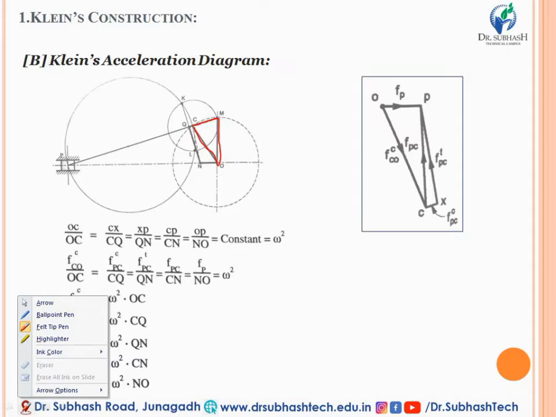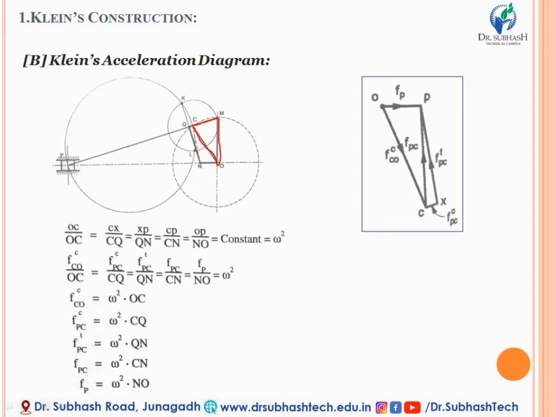The third step is to draw a circle with C as the center and CM as the radius. So you have to take center C and radius CM and draw a circle in that manner.